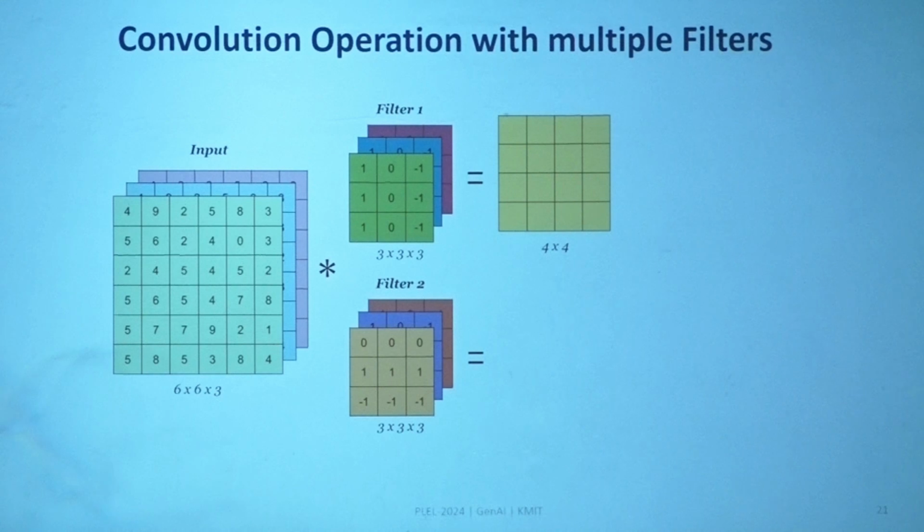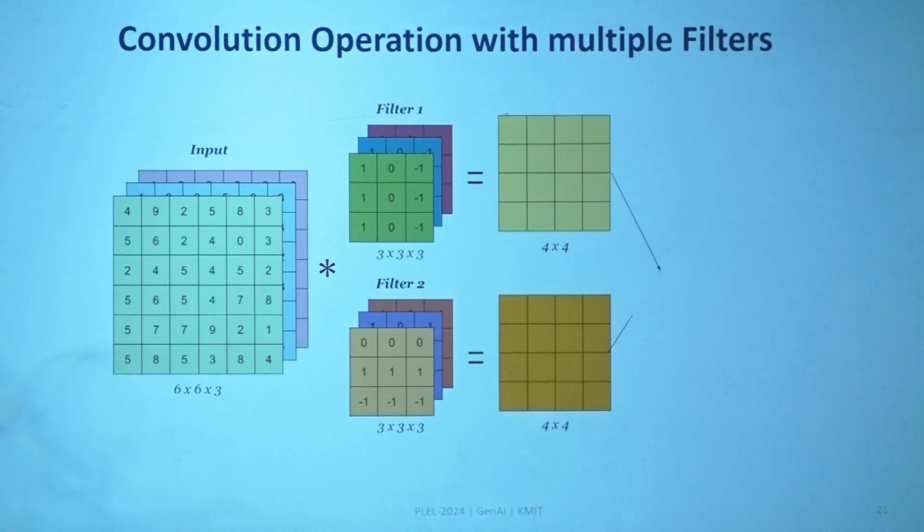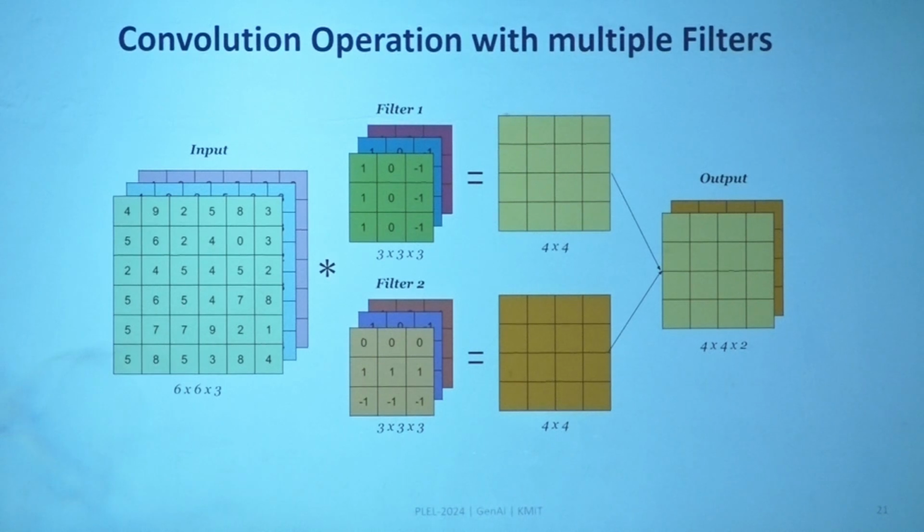Now what will be the result? Any guesses? A stack of these outputs, so that you get 4 by 4 by 2 now. 4 by 4 is the output feature map dimension.